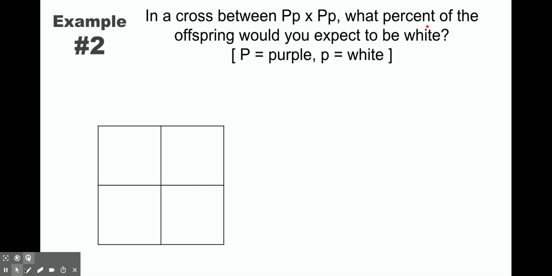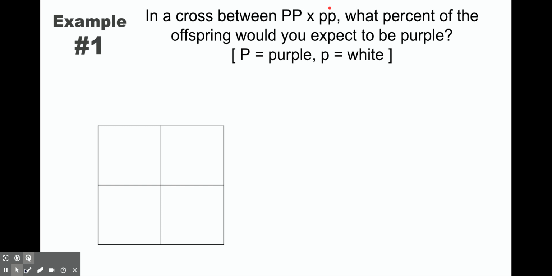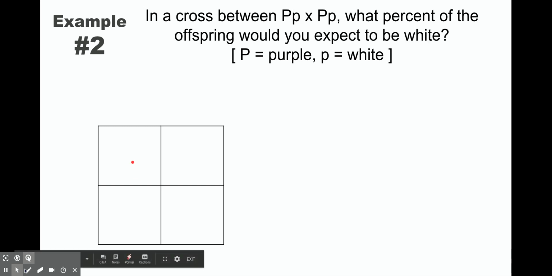Now, we take two that are crossed. Remember, in example number 1, all of the babies here were all big P, little p, right? In example number 2, we're taking two big P, little p's, basically the children from example number 1, and we're crossing them.